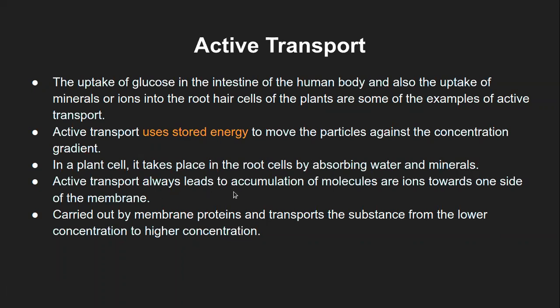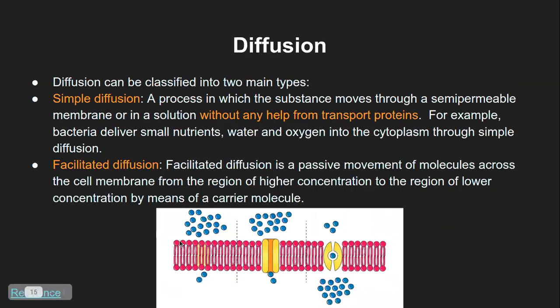So active transport always leads to the accumulation of molecules or ions towards one side of the membrane. And that is quite obvious, because active transport will not have any limit as such. In earlier cases, for example diffusion or osmosis, we have seen that until the equilibrium is achieved, the process does not stop, whether it's diffusion or osmosis. Again, I'll go back to these two diagrams.